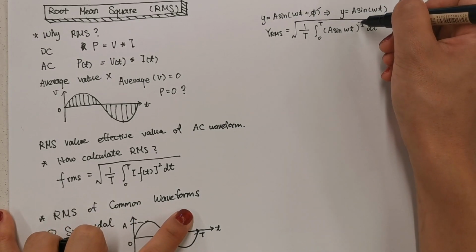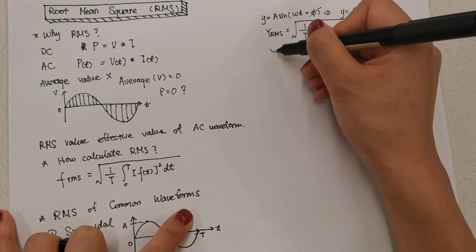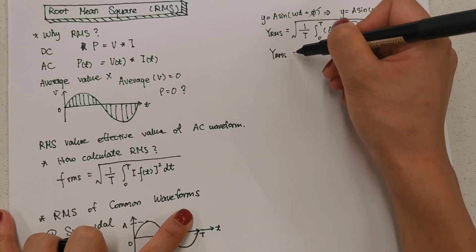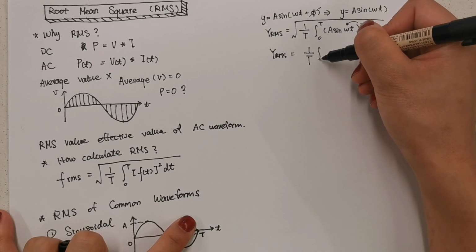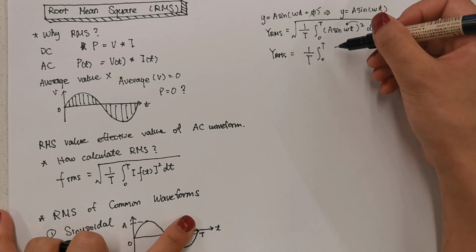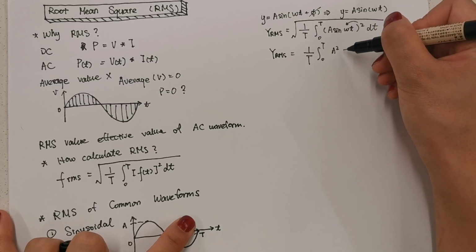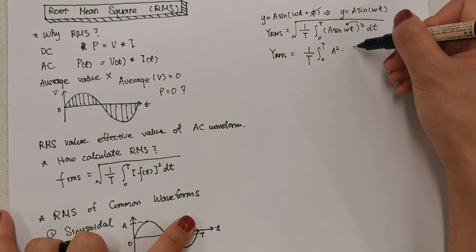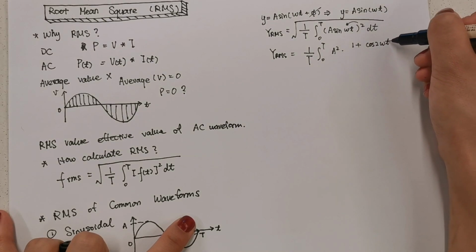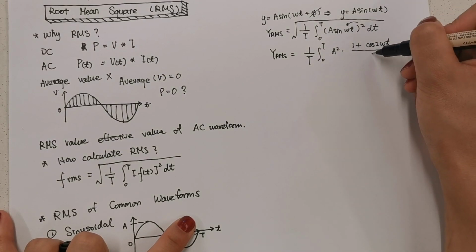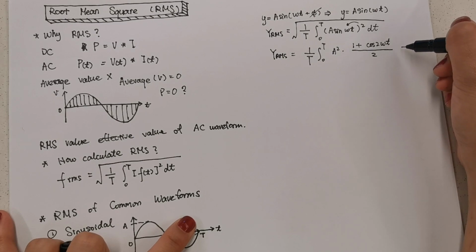Which is the square root of 1 over T, integral from 0 to T of A squared times (1 plus cosine 2 omega t) divided by 2, dt.